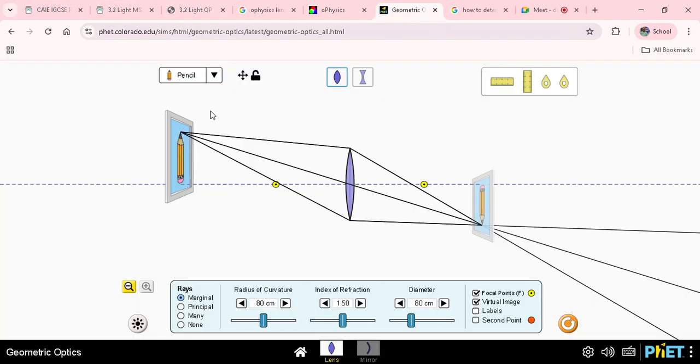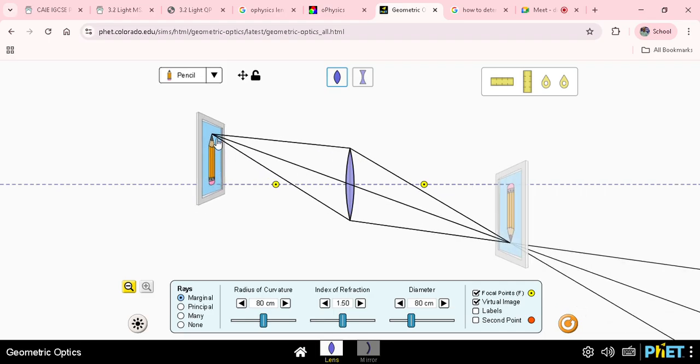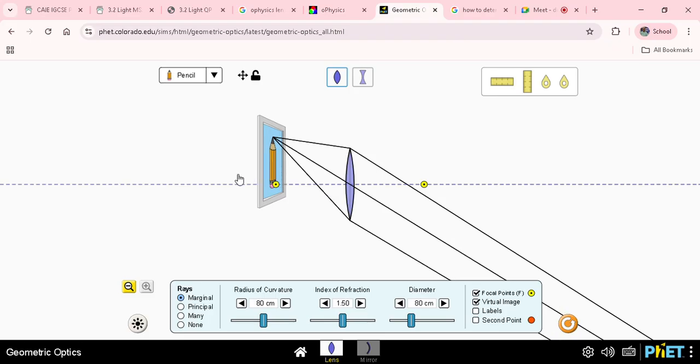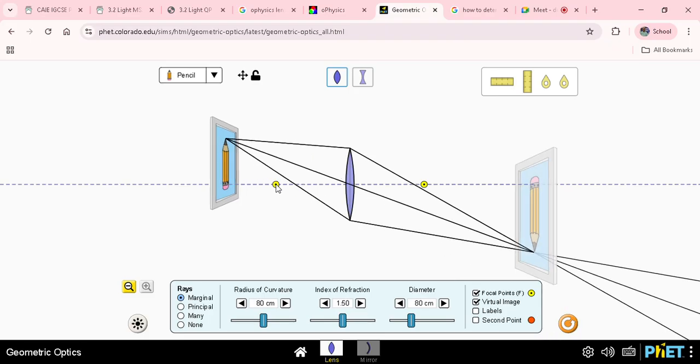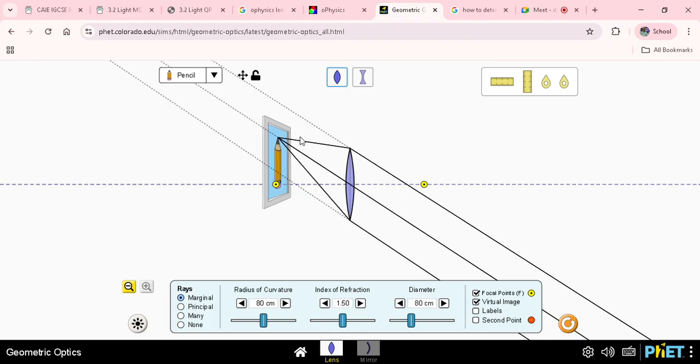I have a simulation like this, Channel. So this is the object, the pencil, and this is the convex converging lens. If I put the pencil at the focus, this is the focus point, and this is also the focus point. If I put this pencil at the focus point, there is no image because all the light is parallel.